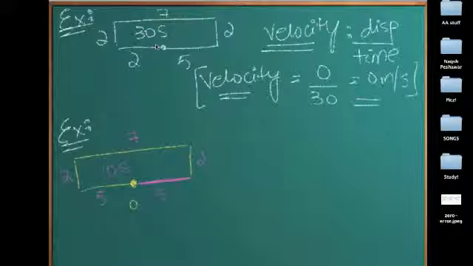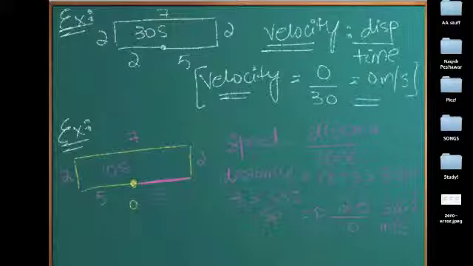Obviously, this is a faster guy. So let's find the speed. The speed is distance over time. What is the distance that we have covered? It's 5 plus 2 plus 7 plus 2 plus 5 and plus 5. So this is 18 plus 5, which is 23 meters. Now the time is 10 seconds, which makes it 23 over 10. The distance over time gives us speed. This will give me 2.3 meters per second.